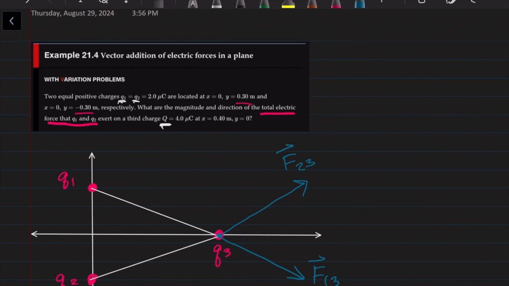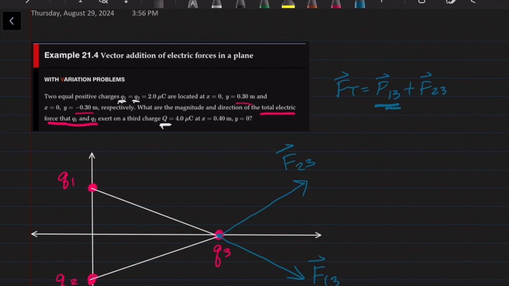Okay, so what we can do then to find the total, right? So our objective is to find the total force, which is going to be F13 plus F23. All right, so let's start off by finding F13.